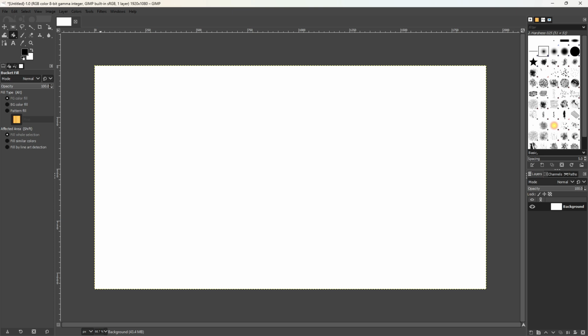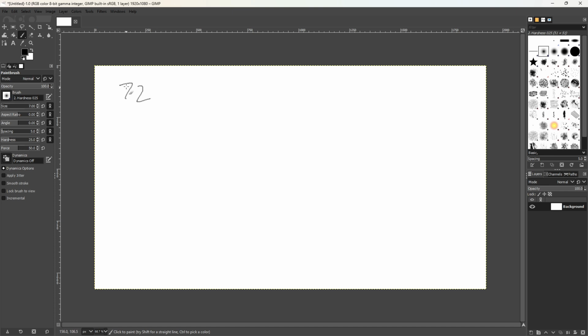So let me switch around equipment here. Nope, that is the wrong tool. All right, so let's do a simple one. Let's do 72. So upside down symbol.